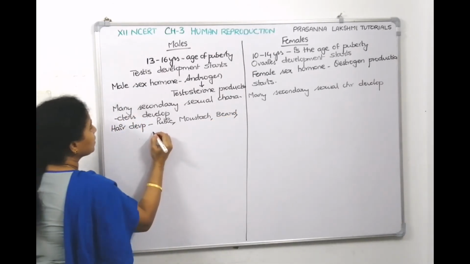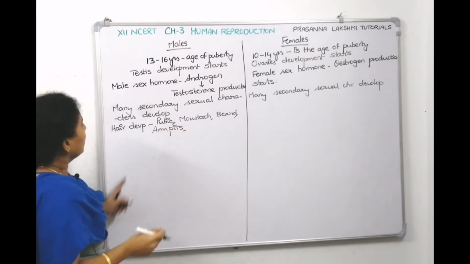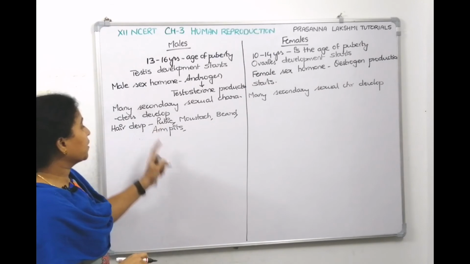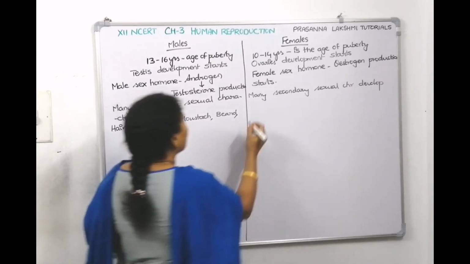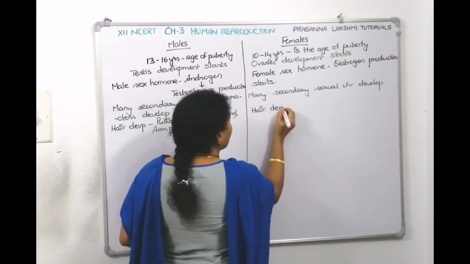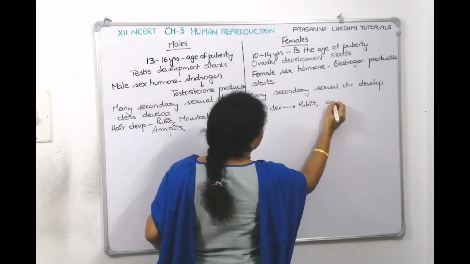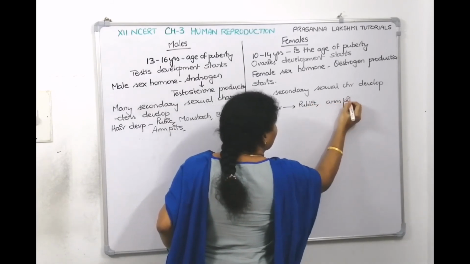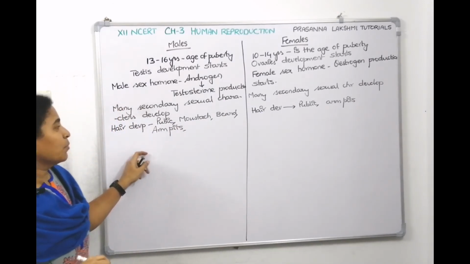Then next, underarms and armpits also hair will develop, right? In girls, pubic hair development will be there. Hair development, where does it happen? In the pubic region and armpits. Hair development happens.